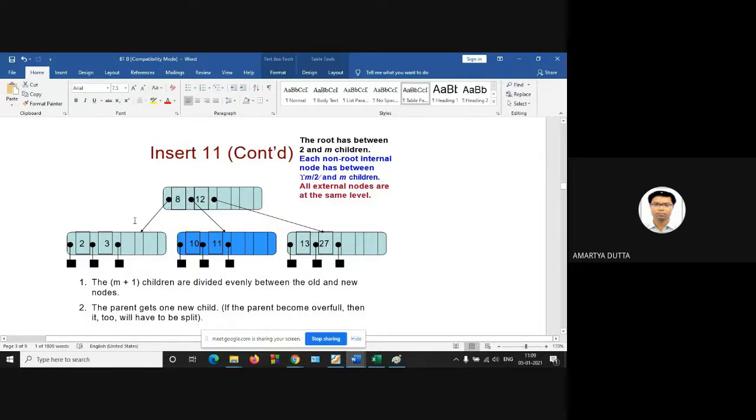And from 8, 2 and 3 are less than it, so this particular pointer should point to the last position. I have to redraw this. And for 10 and 11, again this pointer should point to this particular location.